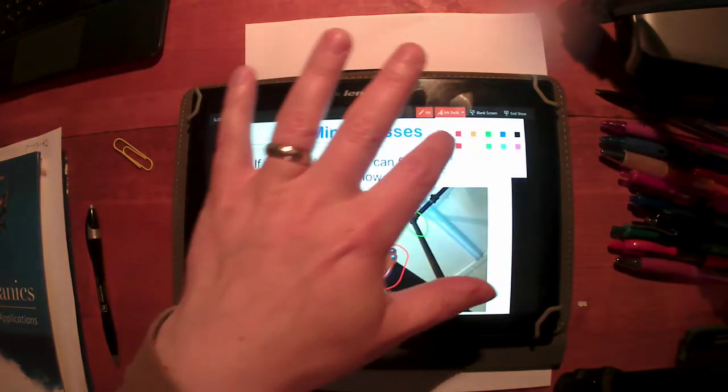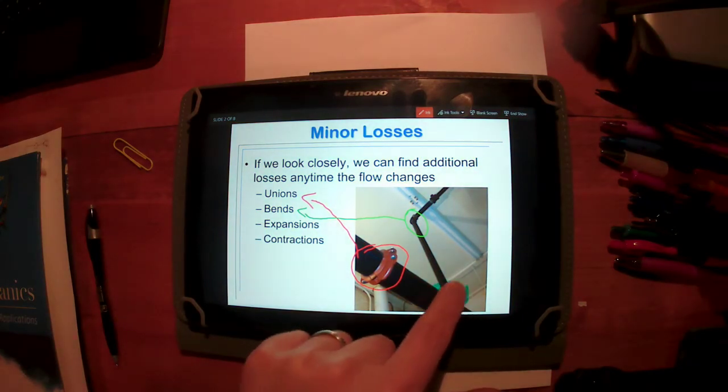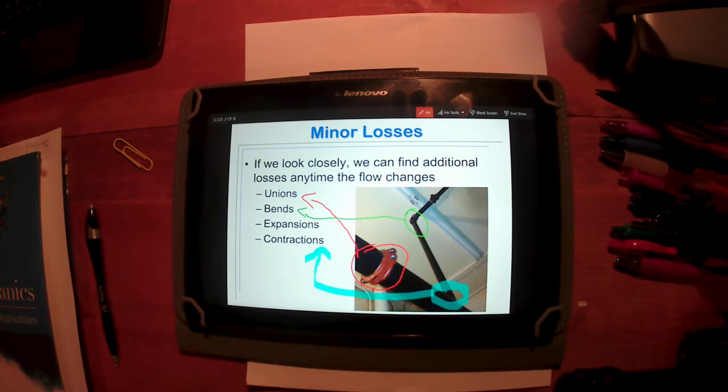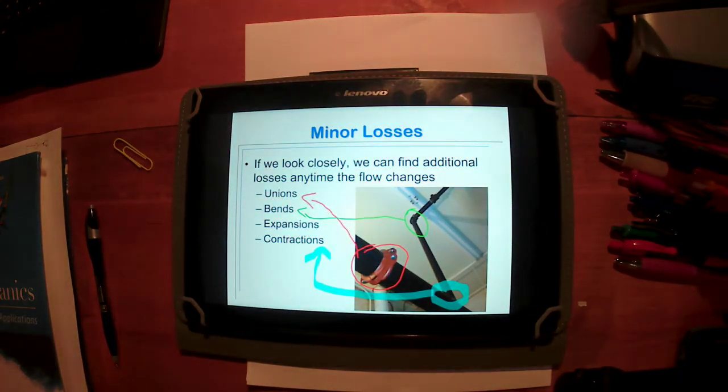I've got in here a contraction, if you will. So there's all these places where the flow changes within the conduit. That's a real piping system. You're always going to have different bends and elbows and things of that nature.